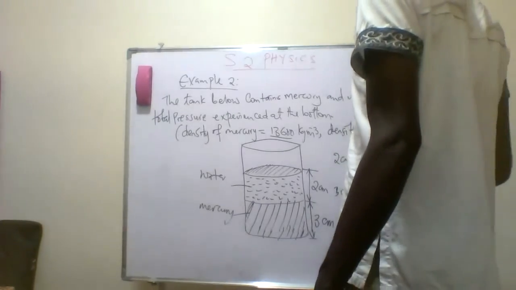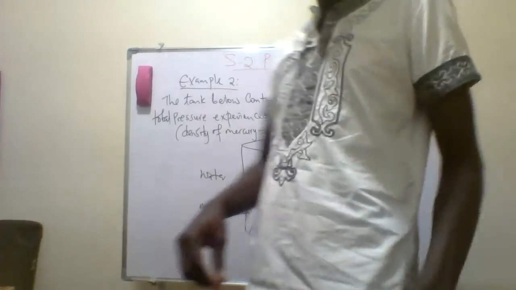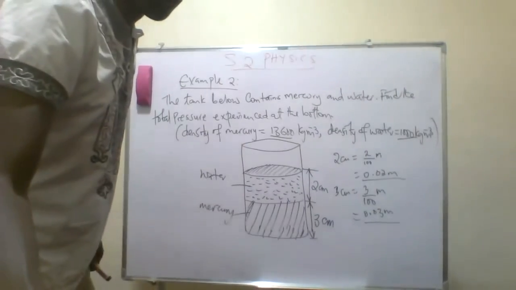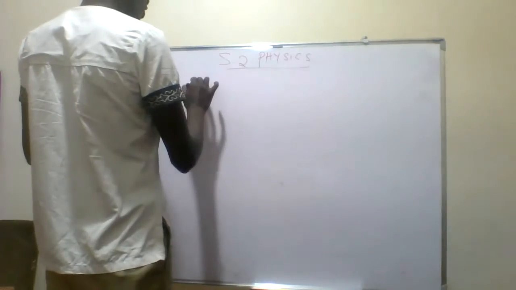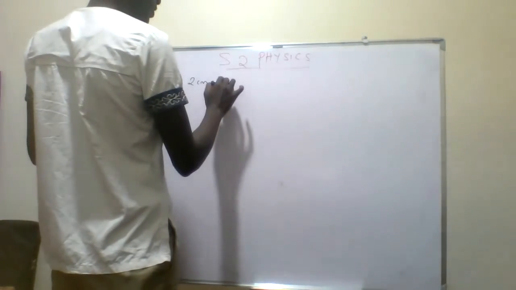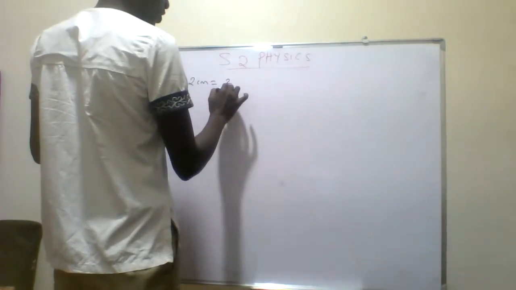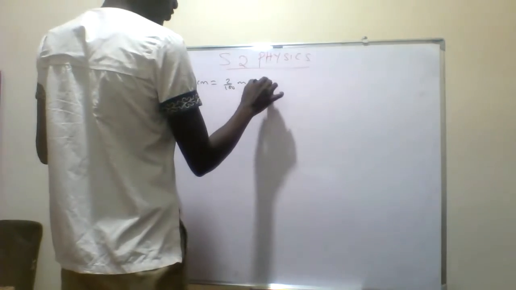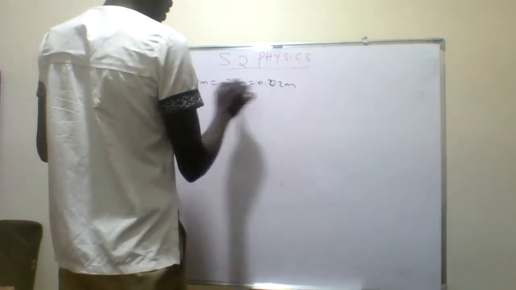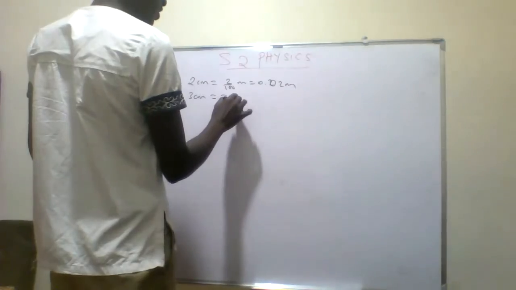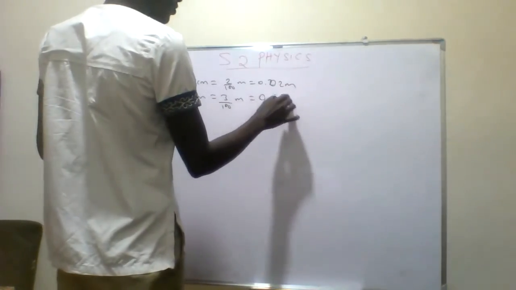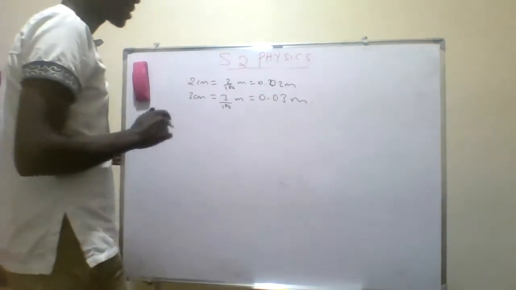So these are important values for us as we kickstart the solution. We have just converted our 2 centimeters to meters, 2 divided by 100, and we've got 0.02 meters. Then the same applies to 3 centimeters, 3 out of 100, which is 0.03 meters. We have looked at all that.